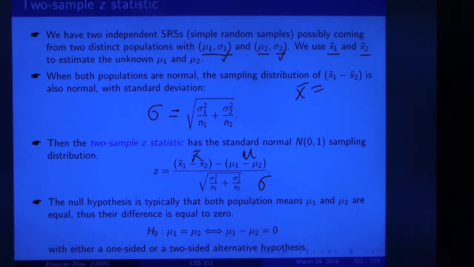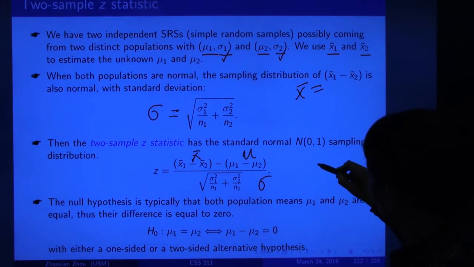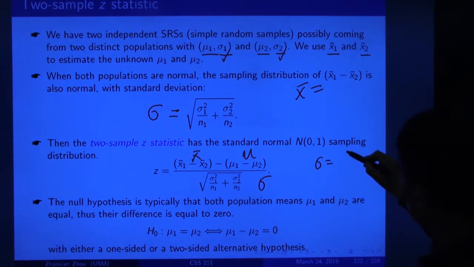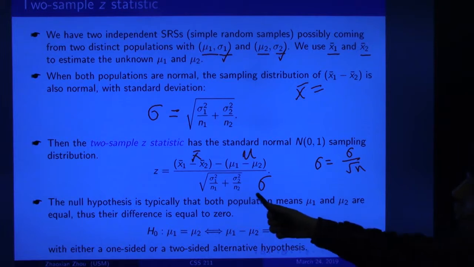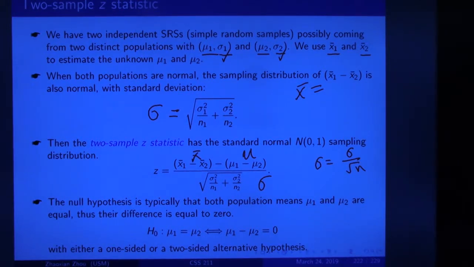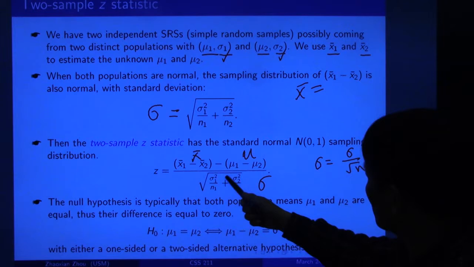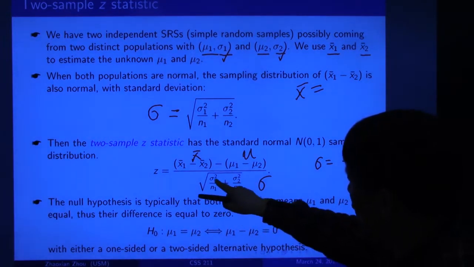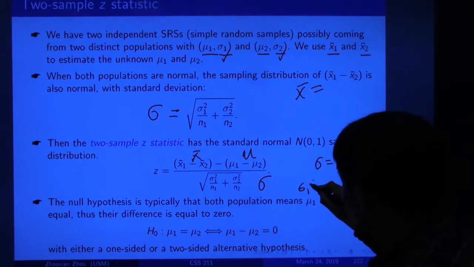Recall that in the one-sample z-test, this standard deviation is equal to sigma over the square root of n. But here, because we have two independent samples, the variations need to be added together. The first variation equals sigma 1 squared over n1.